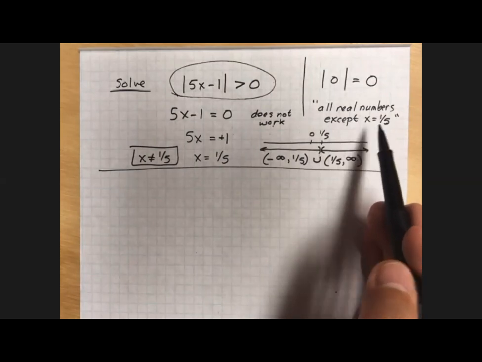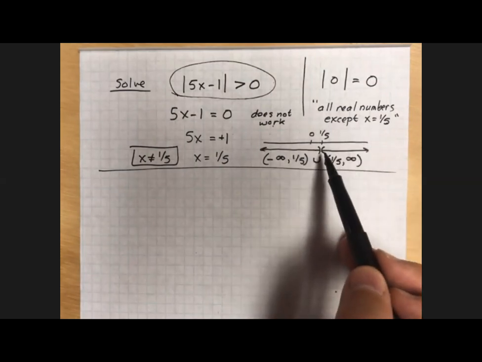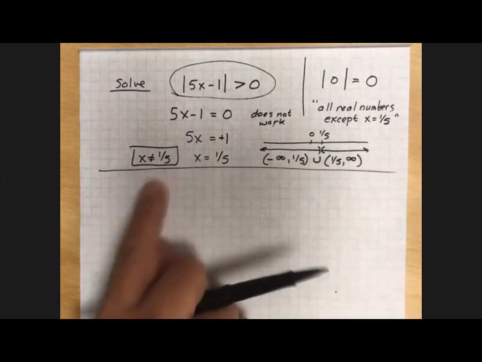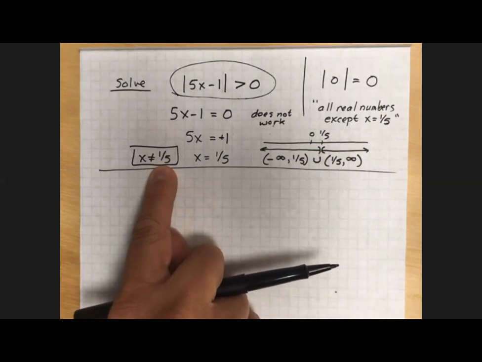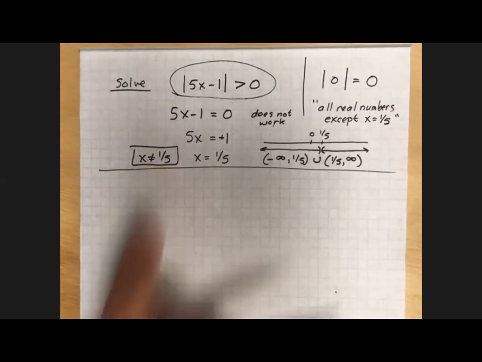I mean, you got the right answer, but they want the graph. If they want interval notation, then x is not equal to 1/5 is not legitimate. It's the right answer, but it's not what they asked for. So you always give people what they ask for, right? When you meet difficult people, what do you do?